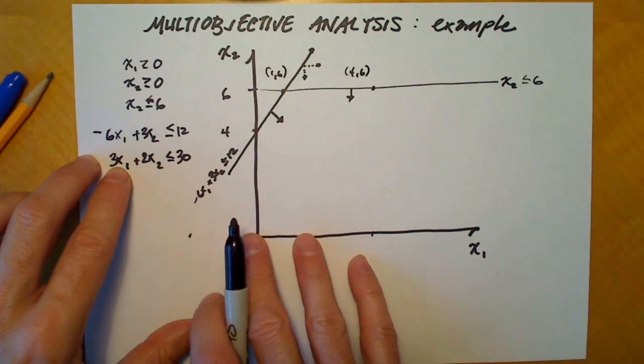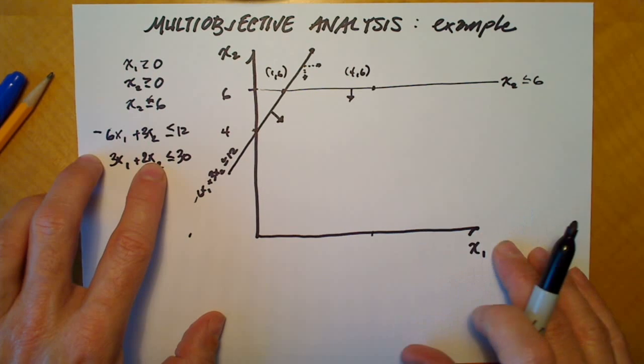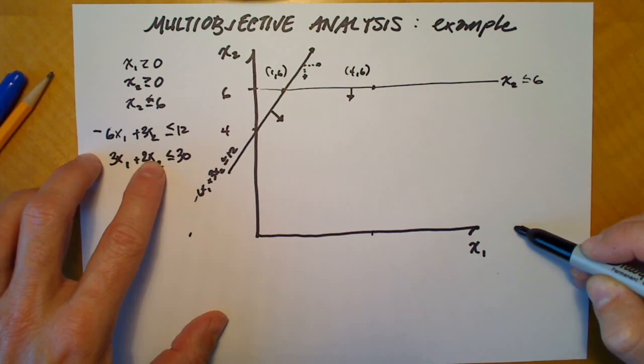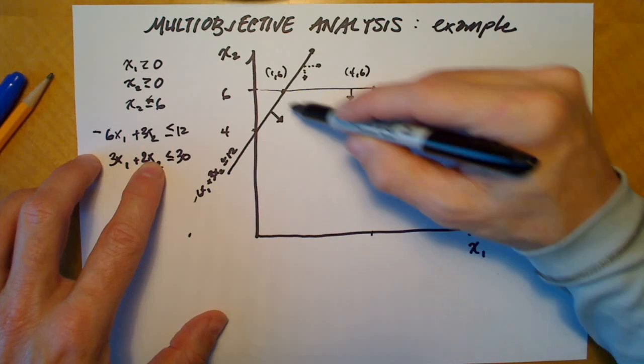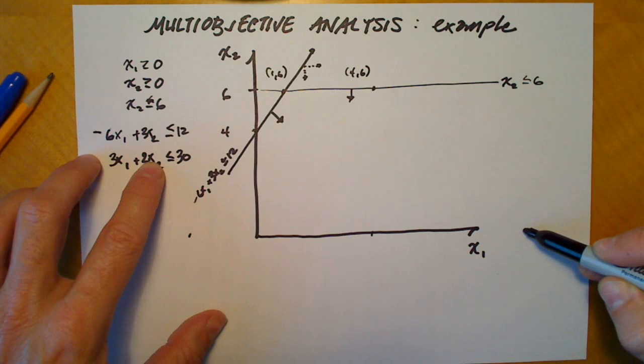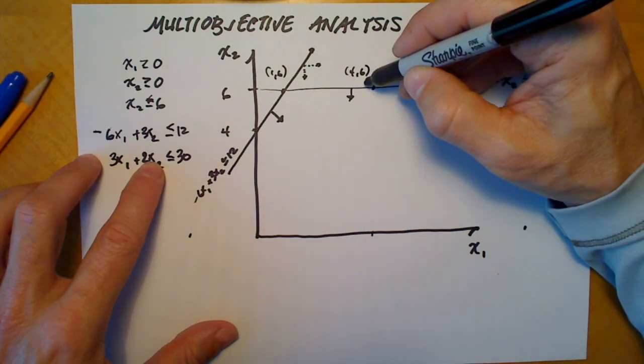Then let's try this x1 intercept. x2 equals 0. x1 has to be 10. Bit off our scale. Somewhere out there.